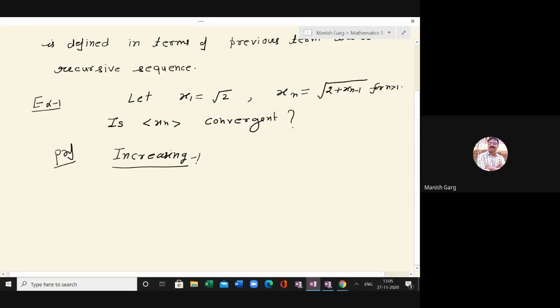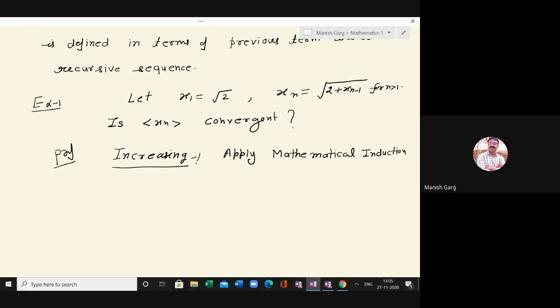So I will apply the mathematical induction method. Any doubt?